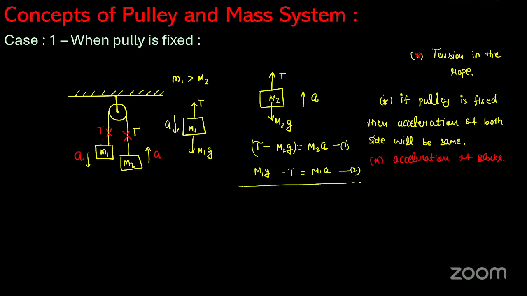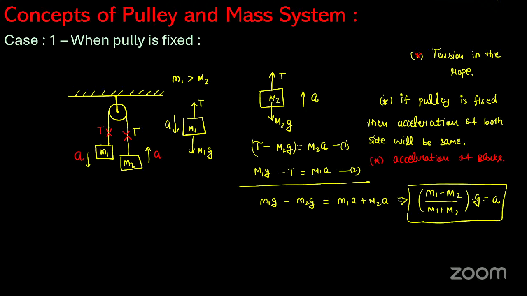If you just add equations 1 and 2, the tension cancels out and you get M1G minus M2G equal to M1A plus M2A. Finally, we can write it as M1 minus M2 upon M1 plus M2, into G, is equal to the value of acceleration in this system.